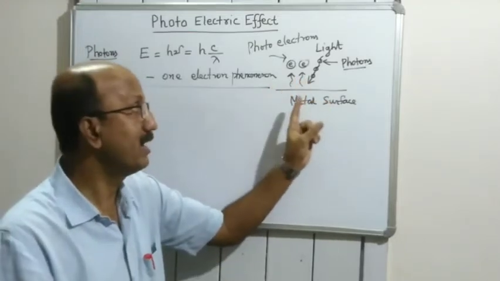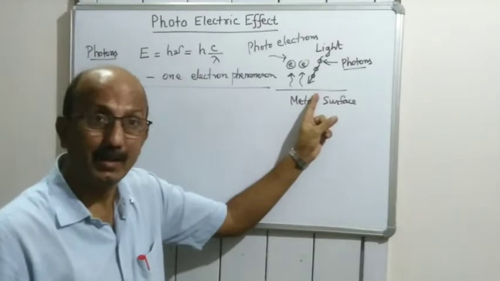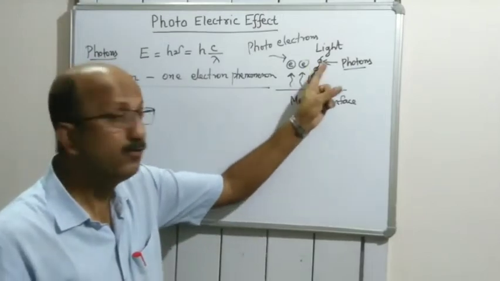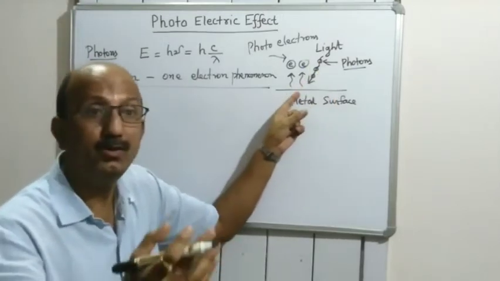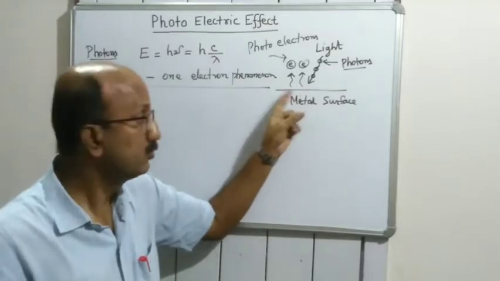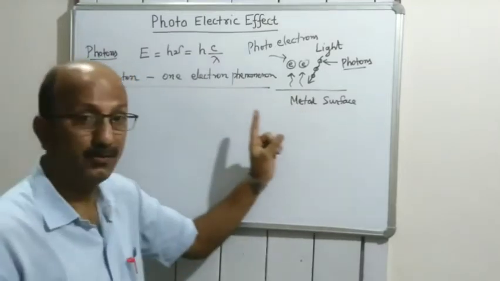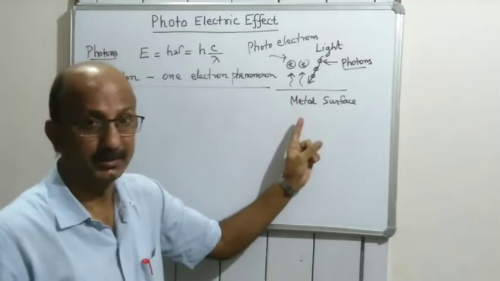It will never happen that this metal surface will absorb the energy of one photon and in return give you two electrons. It is not possible. So it is a one photon, one electron phenomenon. So you have to remember this.